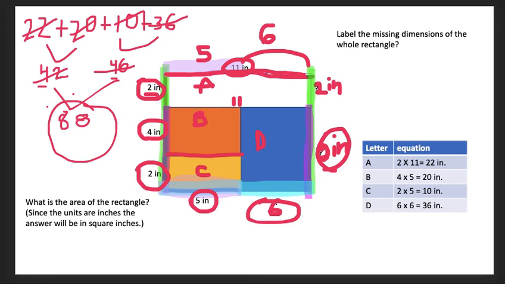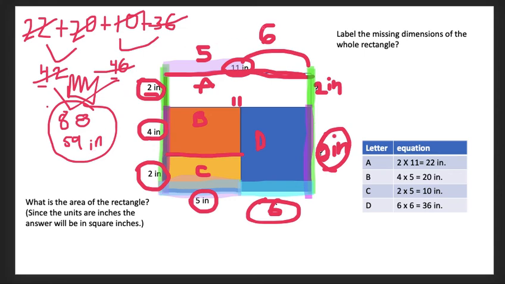But hold on. We're finding an area. So it's 88 square, and since we're talking about inches, it would be square inches. Now I can put the crown on it. Perfect. So after all this hard work, the area of this entire rectangle will be 88 square inches.